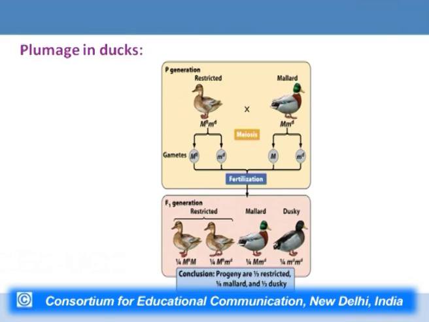Half of the individuals will be restricted mallard phenotypically, 1/4 will be mallard, whereas 1/4 will be dusky individuals. Genotype for the restricted mallard can either be MRM or MRMD, genotype for mallard is M MD, and for dusky it is MDMD.